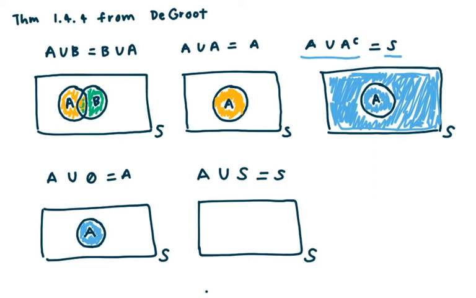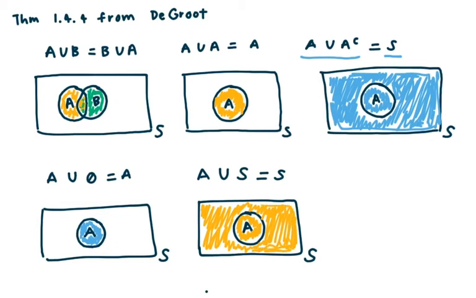Okay, and then lastly, we're looking at the union of A and the sample space. So that means we could be A or we could be the entire sample space, S. Okay, so notice how the whole entire rectangle and the circle are shaded in.